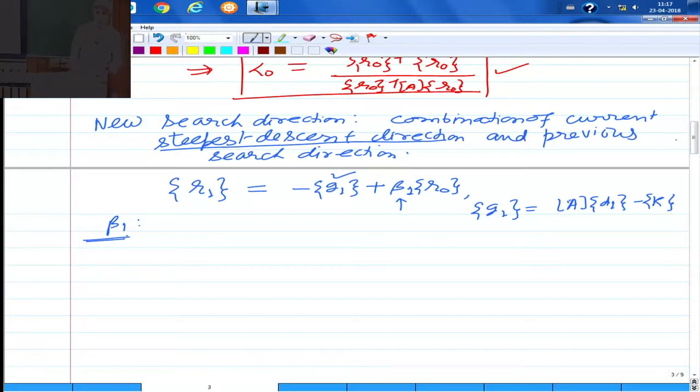Now as the name suggests, the name of the method is conjugate gradient method. So here all the search directions are conjugate to each other, meaning they are orthogonal to each other.